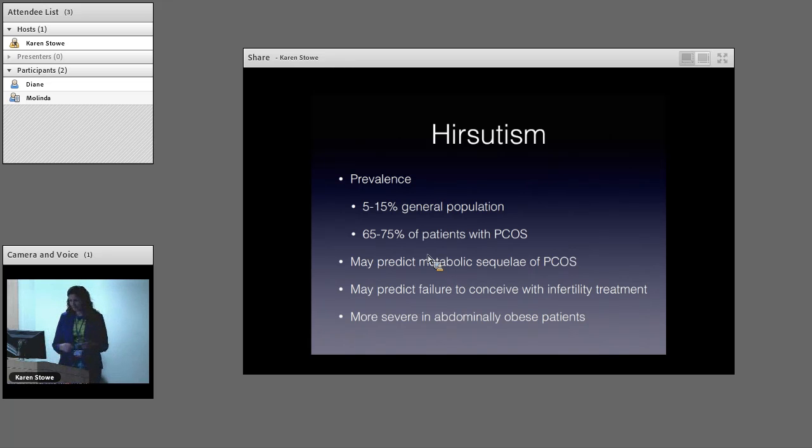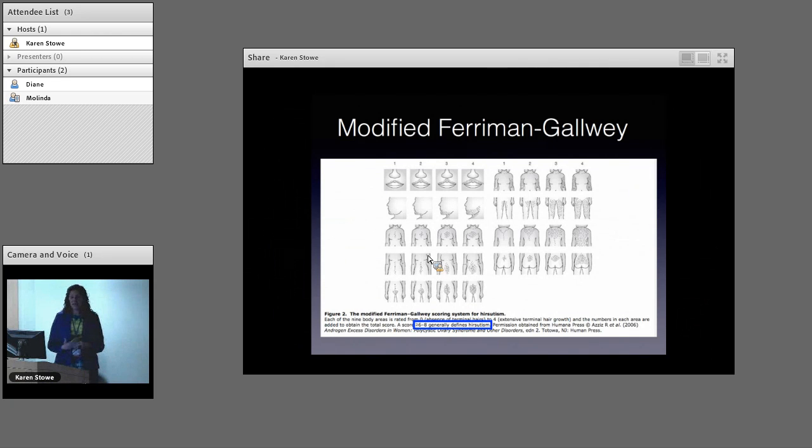So first we'll talk about the cutaneous problems associated with PCOS, and one common thing is hirsutism. In the general population, it's mildly common, 5 to 15%, but in PCOS patients, it's much higher at 65 to 75%.